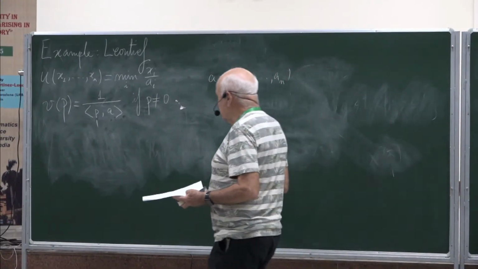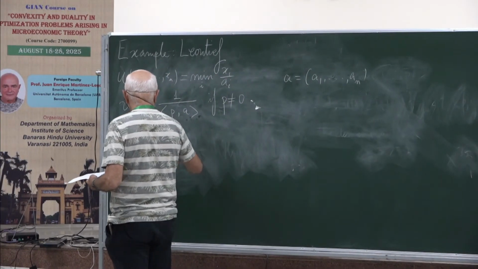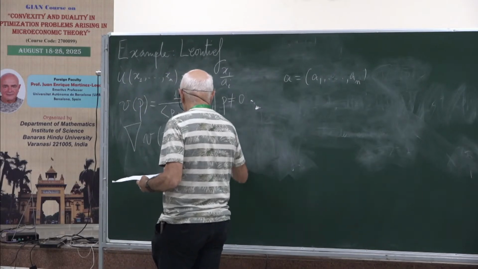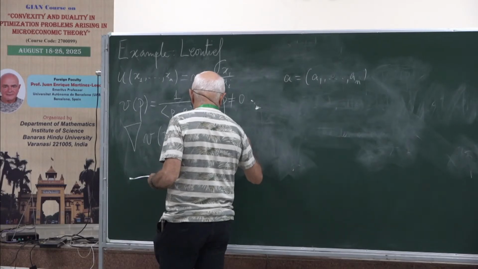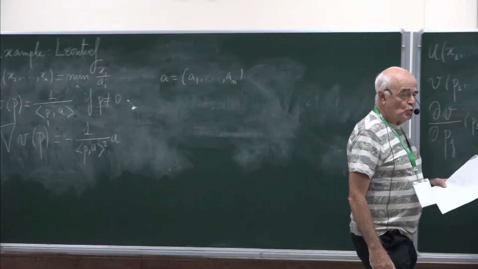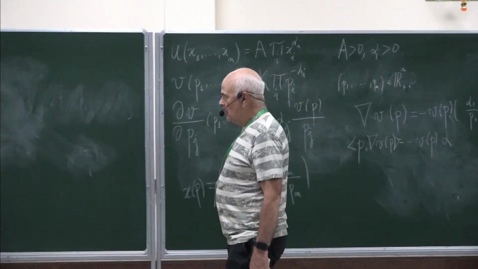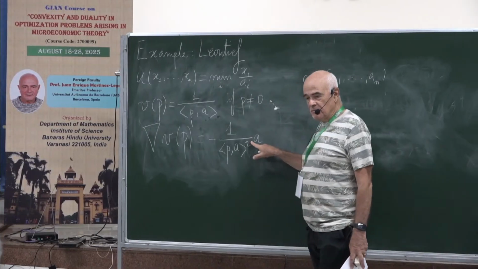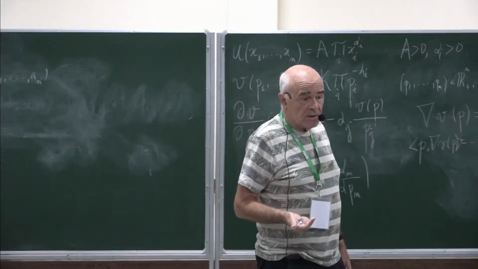And the gradient is a vector with negative components, because A has positive components, strictly positive. We just needed it to be different from 0. We have more than that.